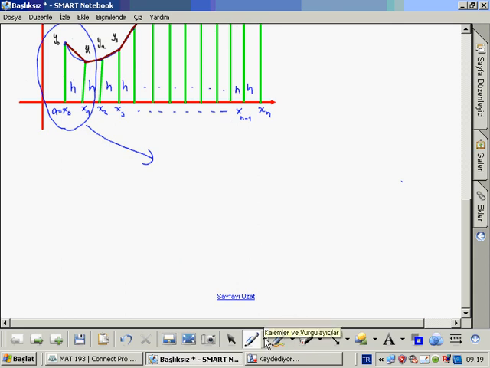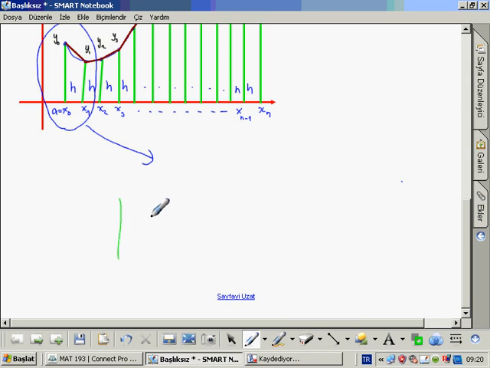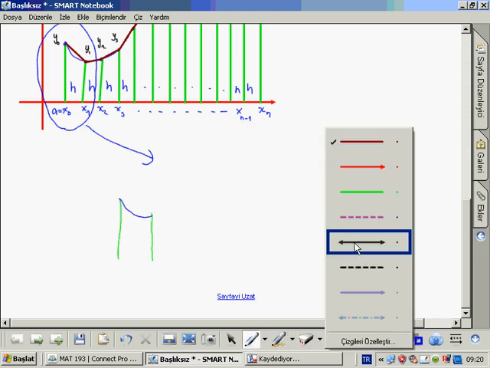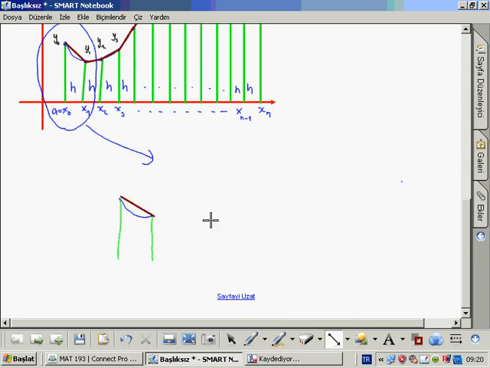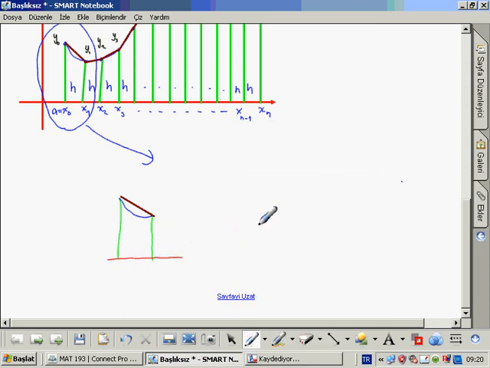As you see, my friends, calculating this geometric area is easier than the curved area.